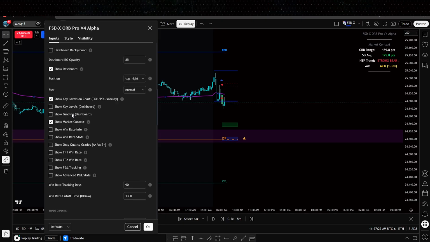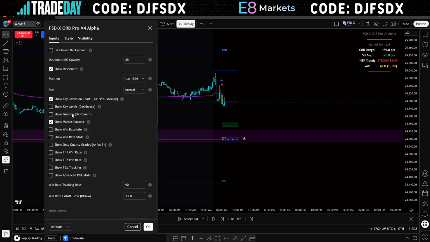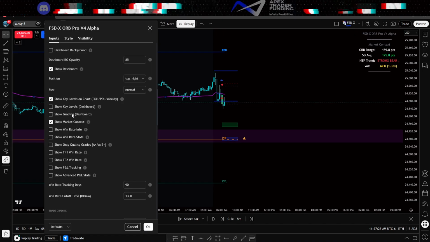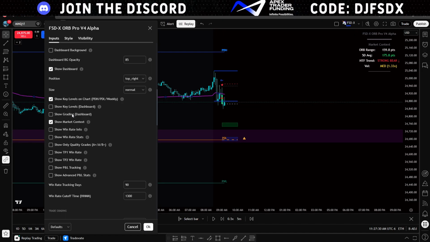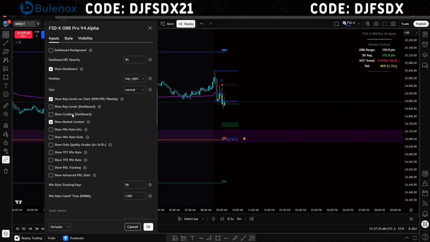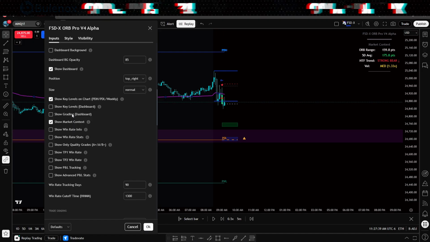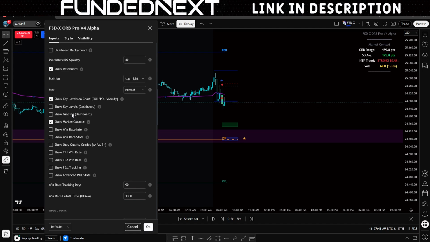And then the TP system, how that works is it scans all the price data. It looks at fair value gaps, structure, liquidity, and key levels. For TP1, it will look for a target that price will most likely go to.